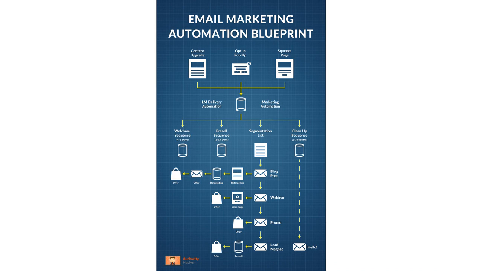So if I take an example on Authority Hacker, I was running this when I was selling this product called Double Your Leads. And what I did is I created a lead magnet that gave the 9 best tools to build your email list as a PDF. And people would just put their email and get a PDF that says, here are the 9 tools I use, and I collected over 30,000 emails in 6 months with it.